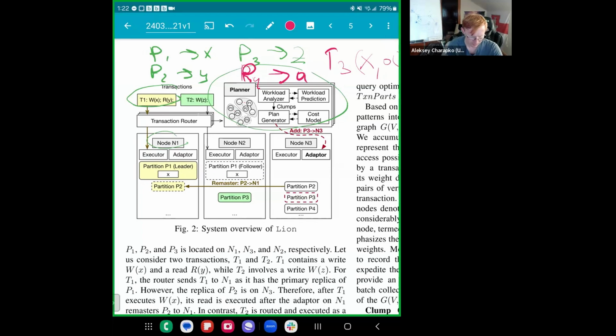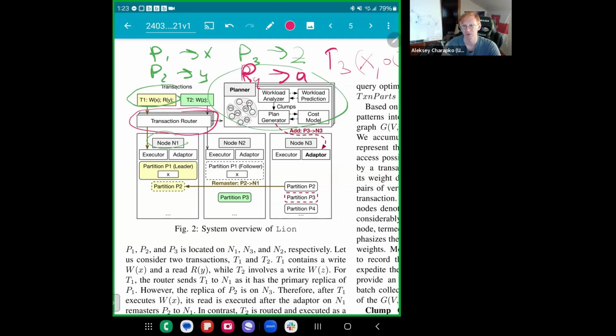The final part that I think is important is this transaction router, right? So the transaction router also keeps track of what leaders have been moved, right? So if we go back to this transaction T1, it used to be partition P1 and P2, and then we had changed the leader. The next time a transaction similar to T1 runs that touches partition P1 and P2, the router will remember that, hey, this is the best node because I already did the remastering, right?